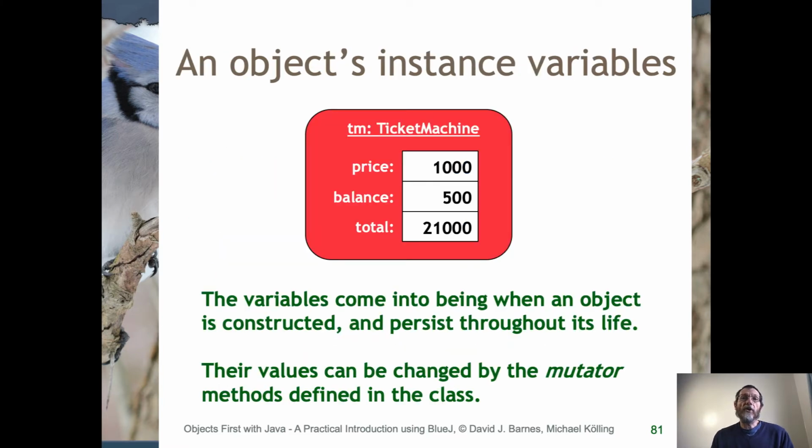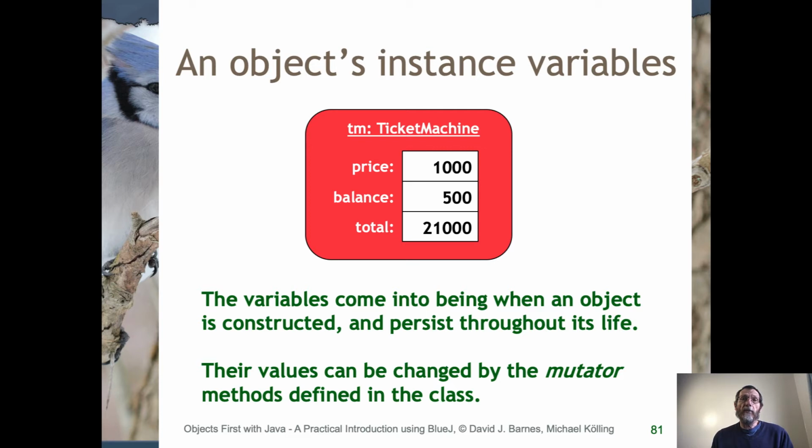So using the visualization of objects that you'll be familiar with from BlueJ, we might characterize the instance variables of a ticket machine as looking something like this. We have an object. Inside that object, we've got three instance variables: price, balance, and total, all storing various integer values at some point within the lifetime of this object.